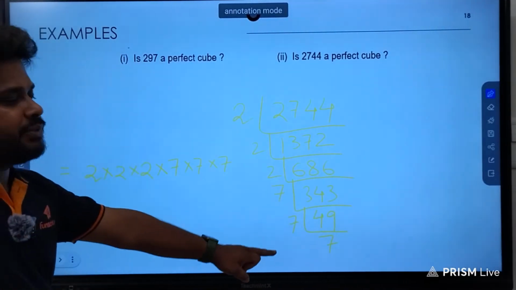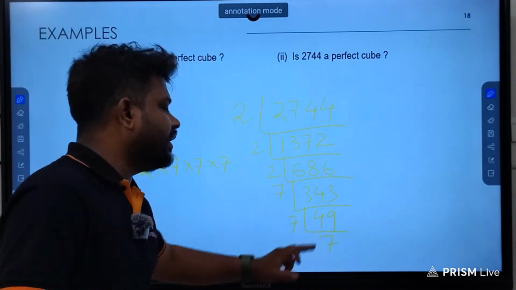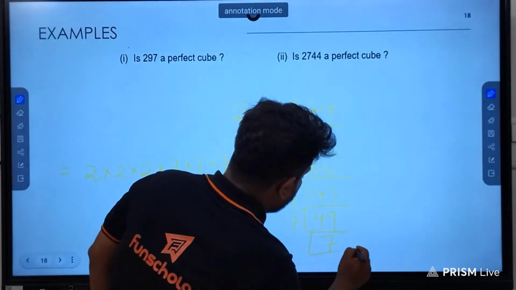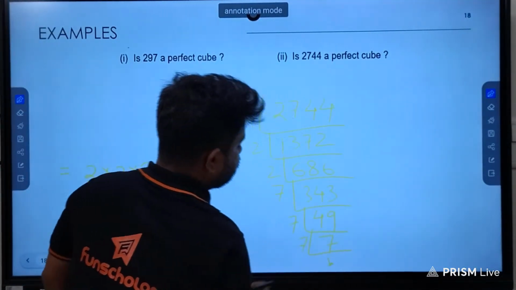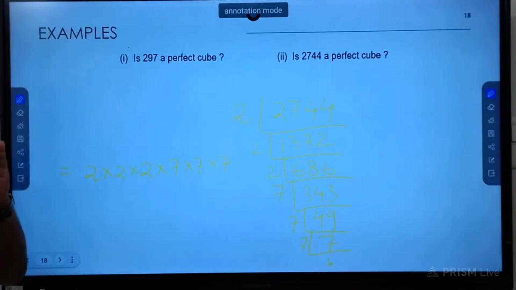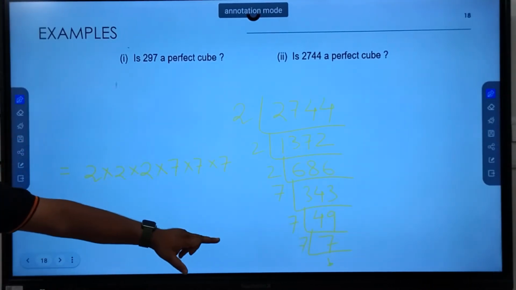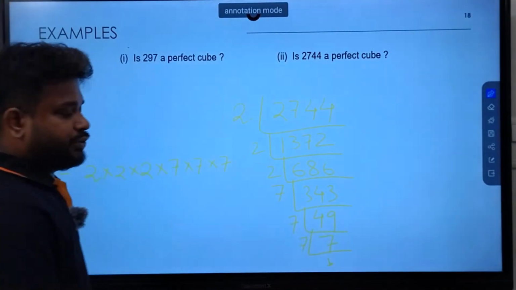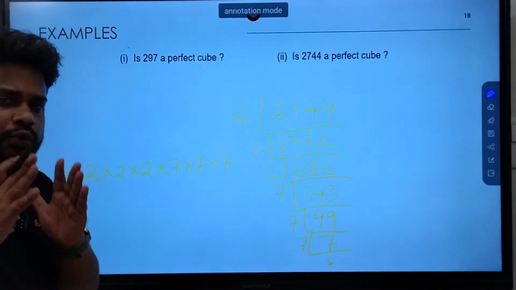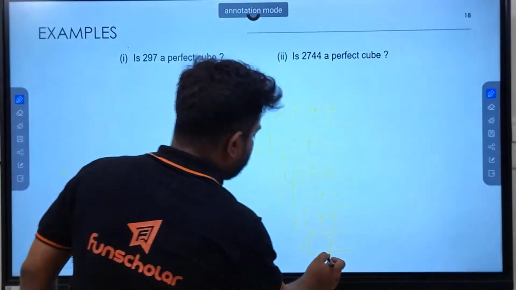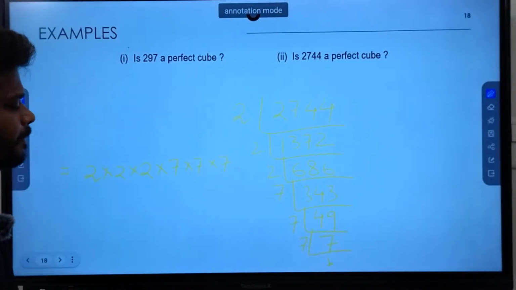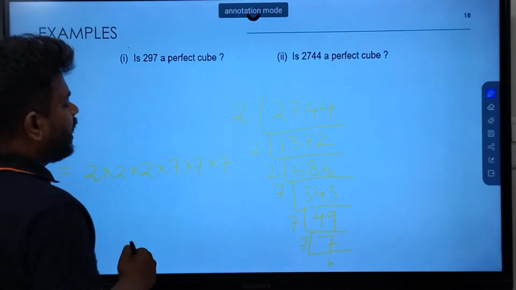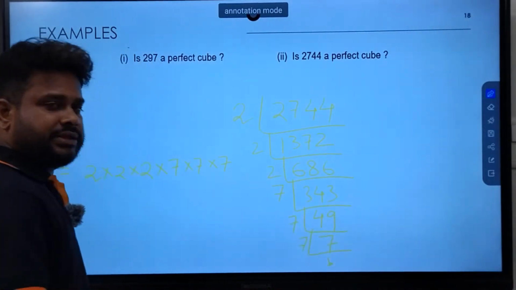In the last step, many people have asked me whether we stop at 1 in the last step or take this one. It's up to your choice: if you want to end at 1 you can, and if you don't want to, you can just write 7 as it is.